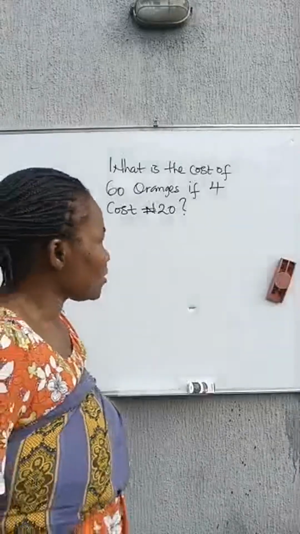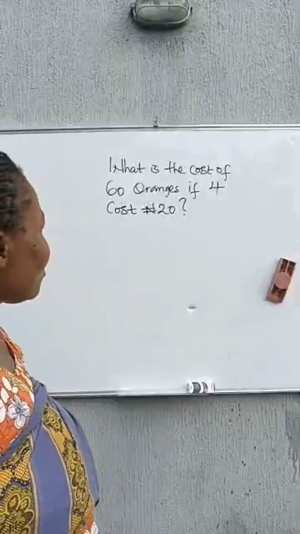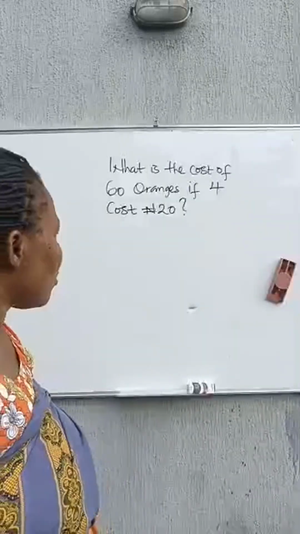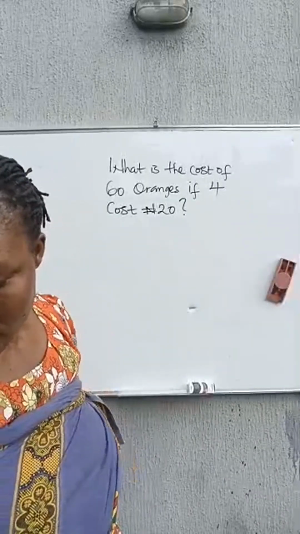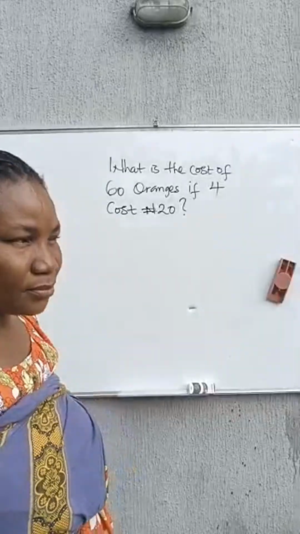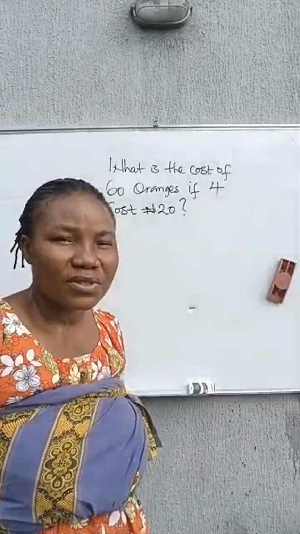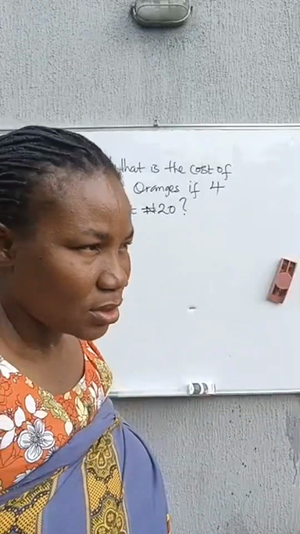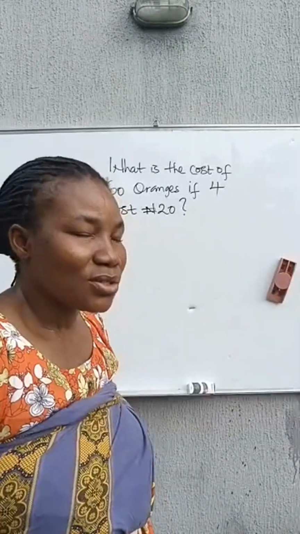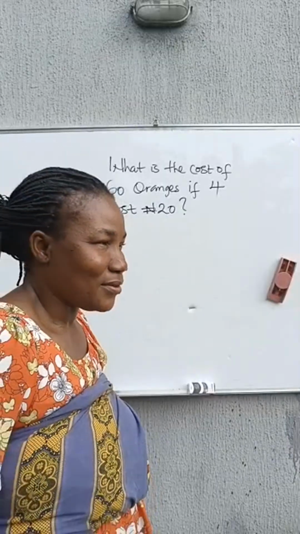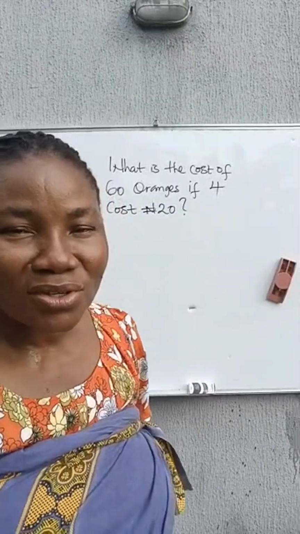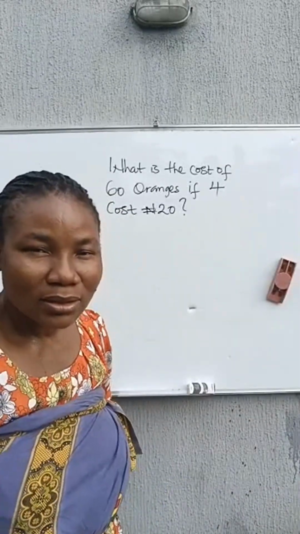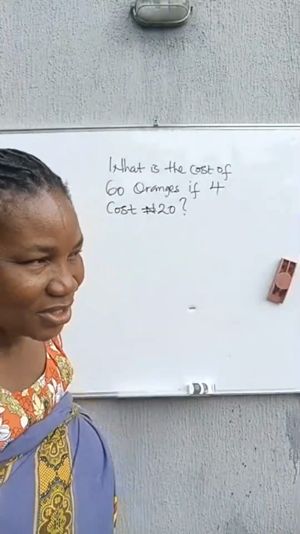So the question says, what is the cost of 60 oranges if 4 costs 20 naira? How do we know the cost of 60 oranges if 4 oranges cost 20 naira? For us to know the cost of 60 oranges, let's find the cost of one orange.